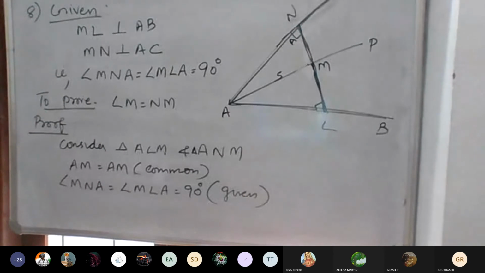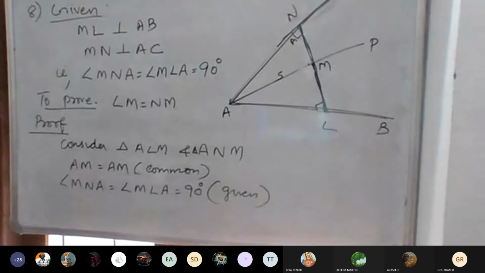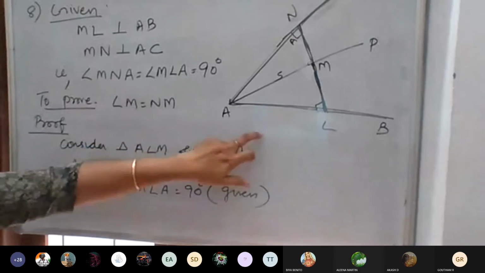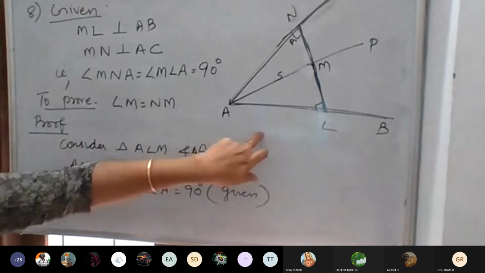Which one do we have to find out? For LM equal to NM, we need congruence. Read the question: AP bisects angle BAC.